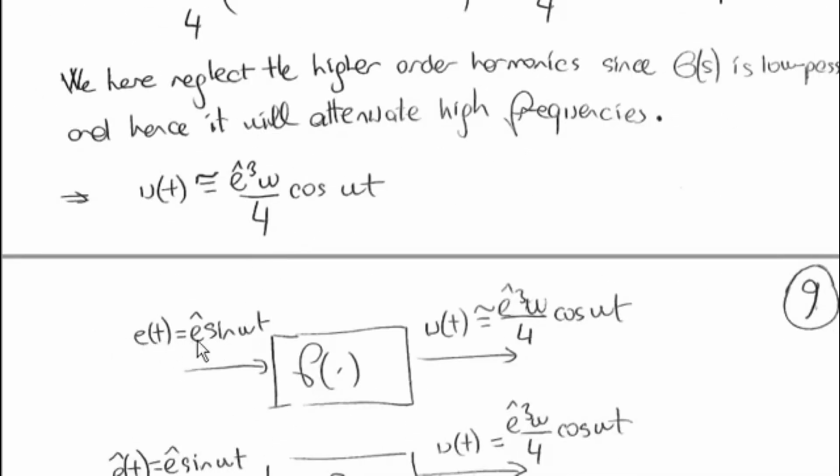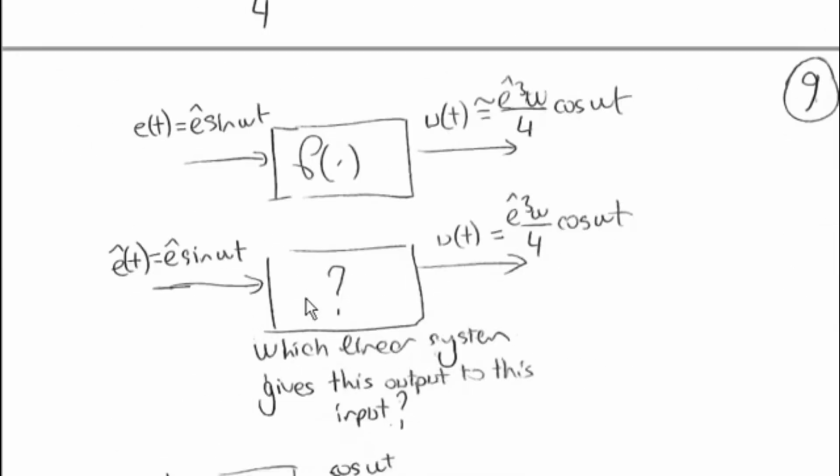I have E of t is E hat sine omega t, and the output is given by this. Then we are going to be asking which linear system here would have exactly the same output for the same input. So here we know that this can be actually a linear system because the output has the same frequency as the input. This is the behavior of the linear systems here.